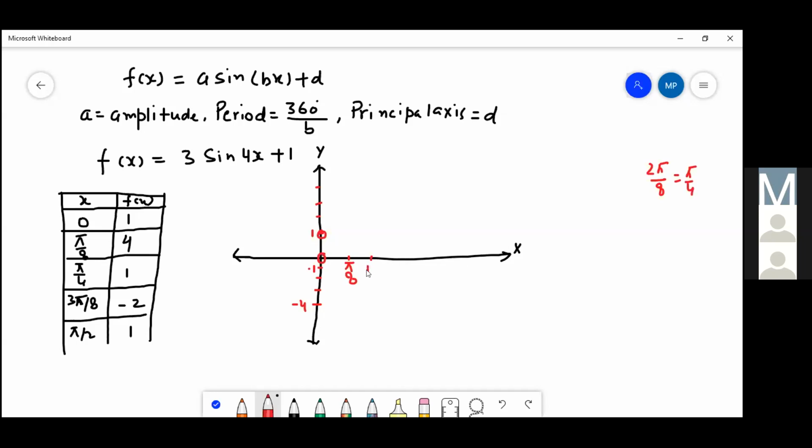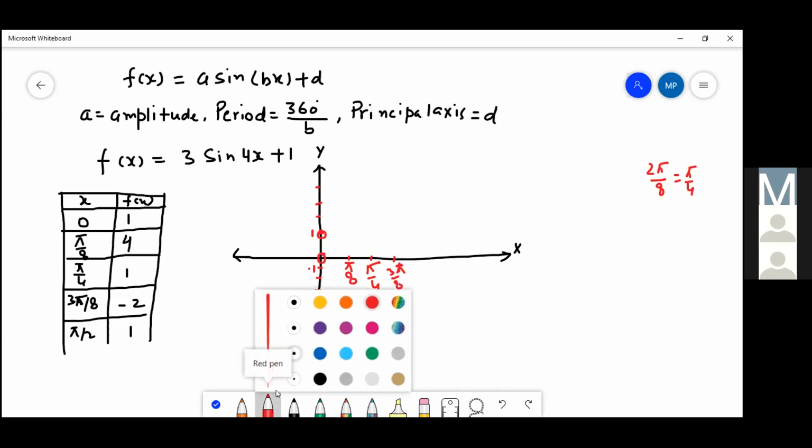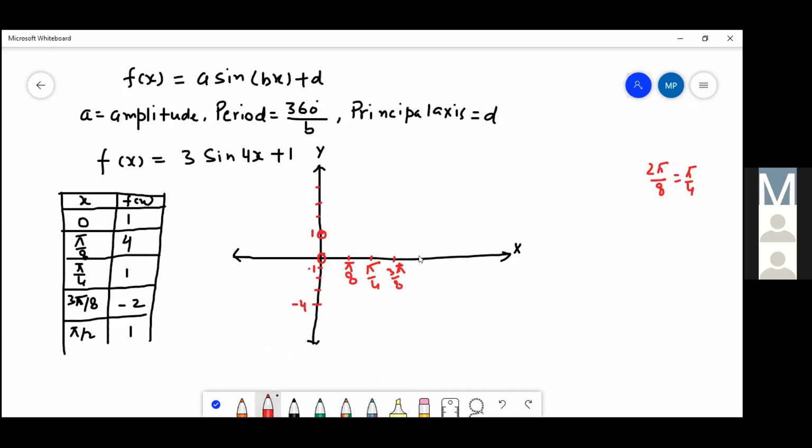Then 3 pi by 8. And then there is 4 pi by 8. After this there will be 4 pi by 8, and 4 pi by 8 means pi by 2. I can write this as pi by 2.